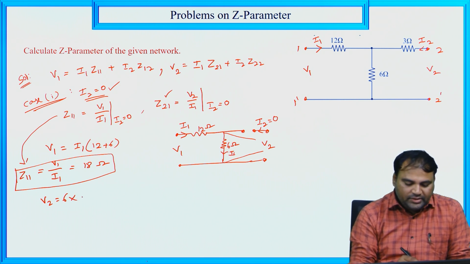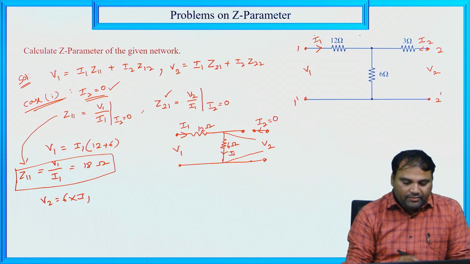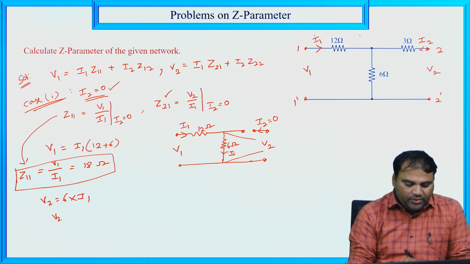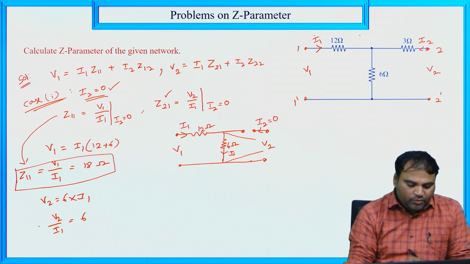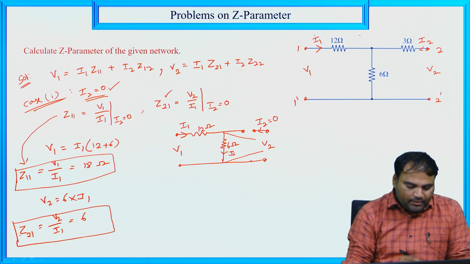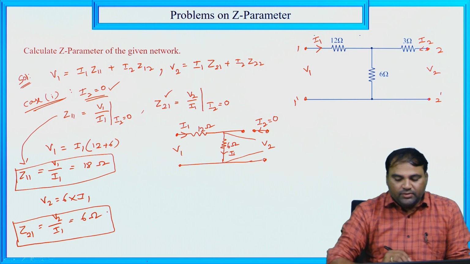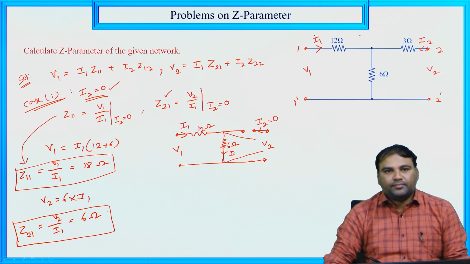Then V2 equals 6 into I1, so V2 by I1 equals 6. That is Z21, which equals 6 ohm. Okay, here is case 1.